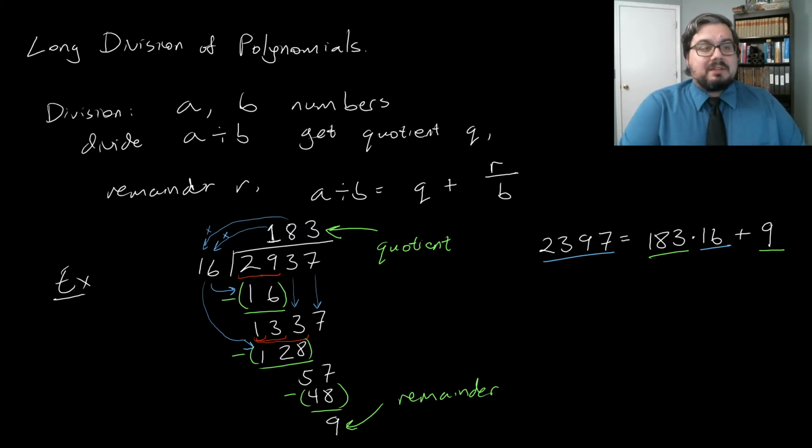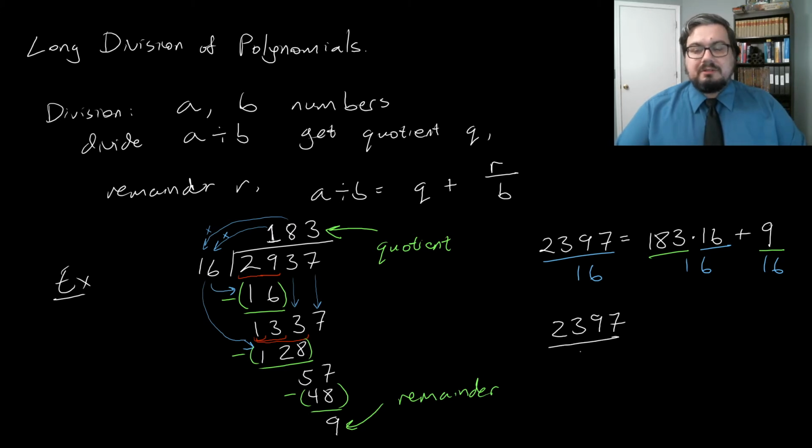Now, the way that we often go from here is we divide both sides by 16. So we just go ahead and divide everything by 16. And we say, well, if we want to divide 2,397 by 16, the result of that is 183, because these 16s cancel, plus 9 over 16.